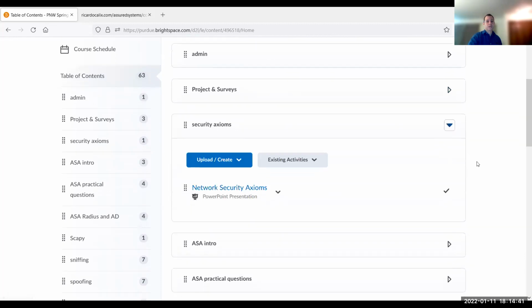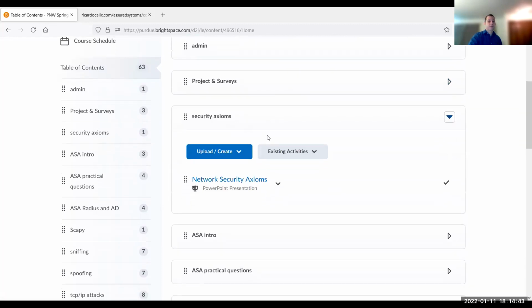So this is the security axioms. Basically, it's just a set of PowerPoint slides talking about what is a system. Since the title of the course is Assured Systems Design and Implementation, the main noun phrase is system, right? So the main object. So we'll define a system a little bit.